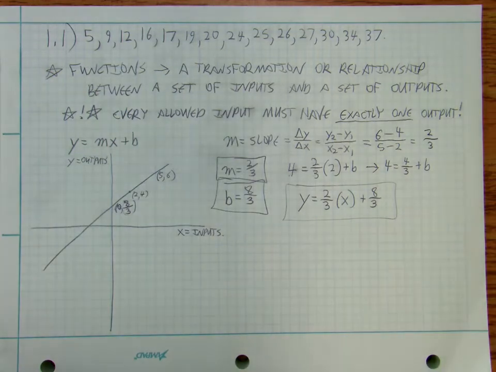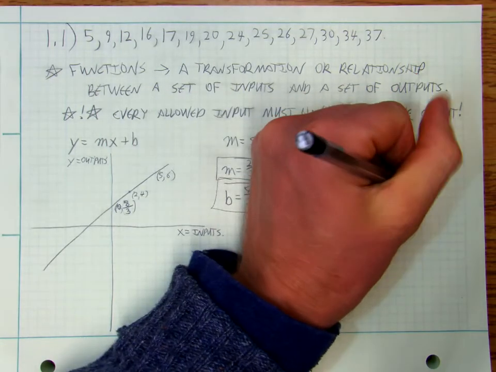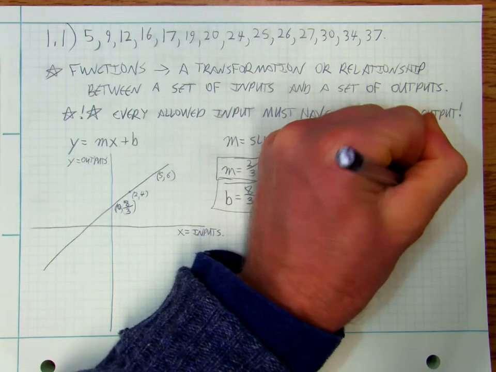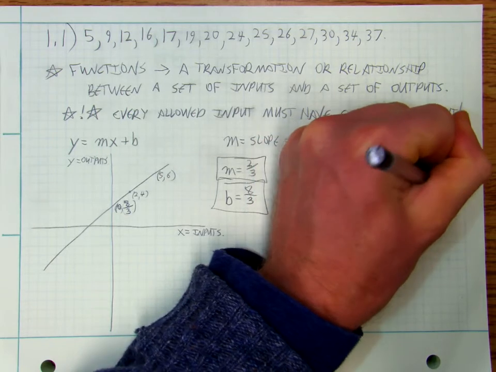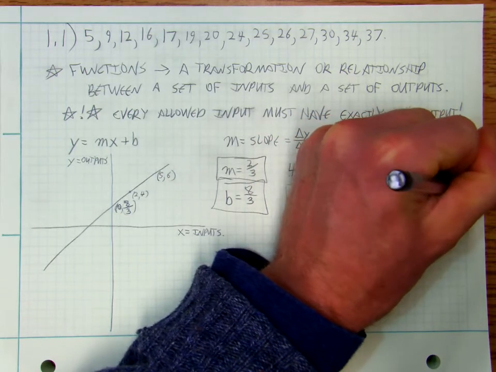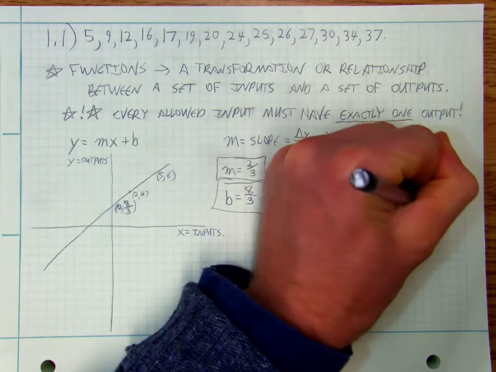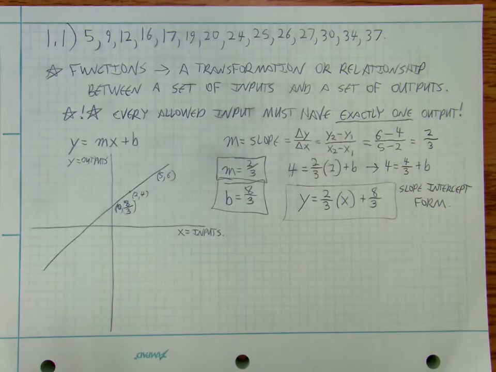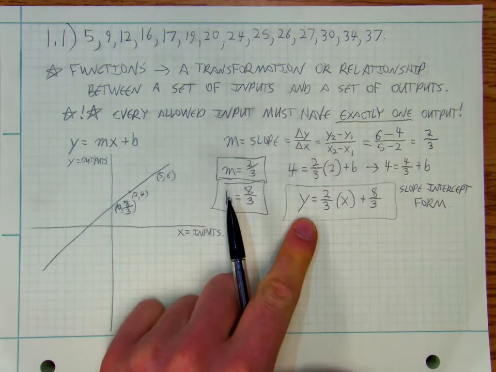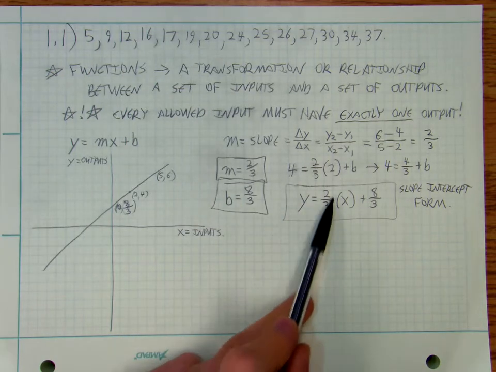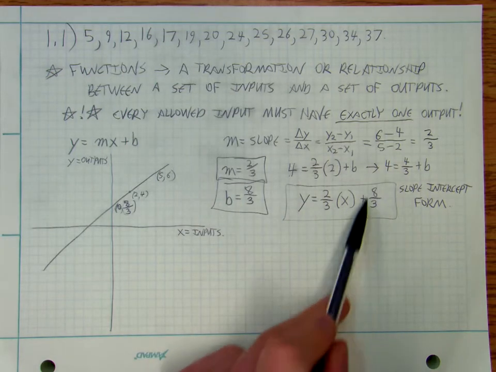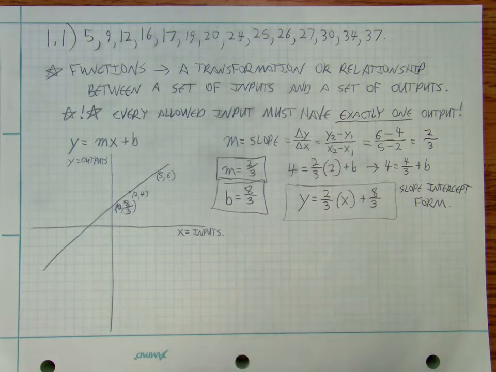And as long as I'm here and dealing with this, this is going to be called slope-intercept form, because right here is my slope, and right here is my y-intercept.